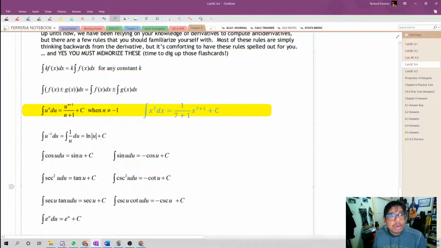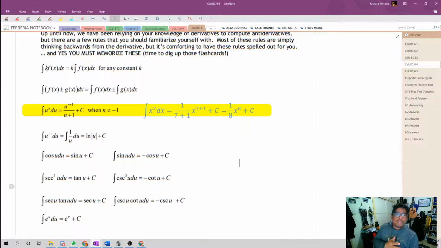And here's the rule. We're going to take the old power, 7, and we're going to add 1 to it. So 7 plus 1 is 8. So we're going to say 1 over 7 plus 1, so 1/8, x to the 7 plus 1 power, plus constant.